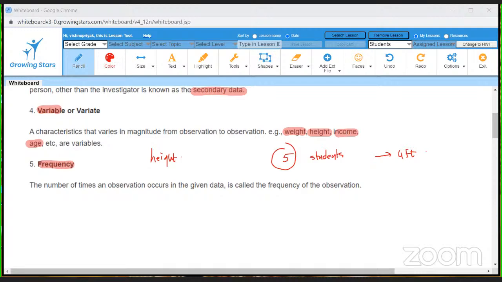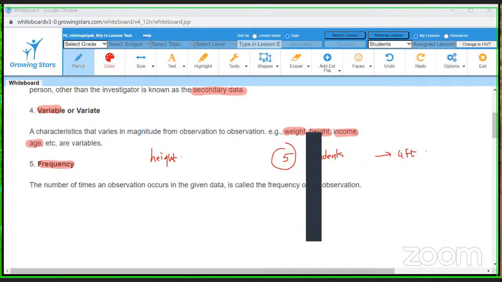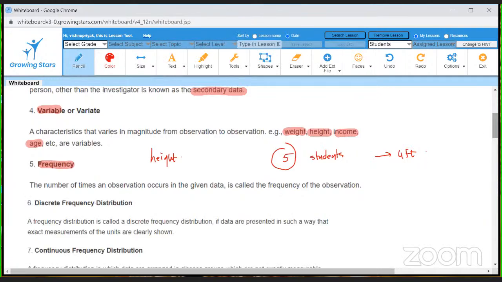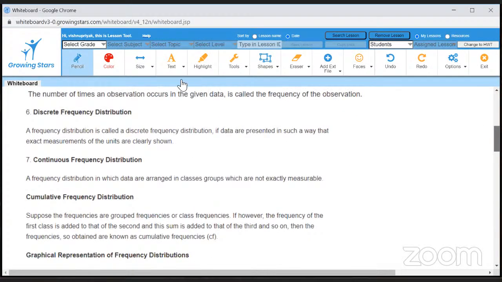Now the next thing. Here I'm putting the next.